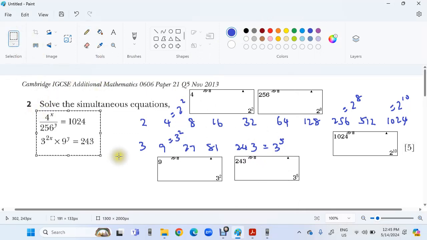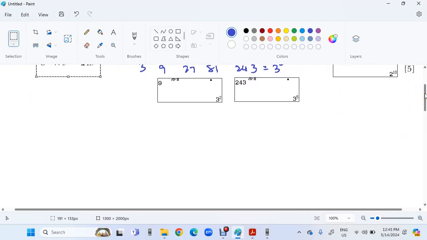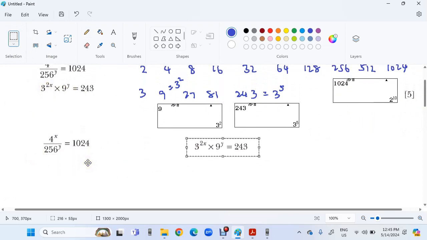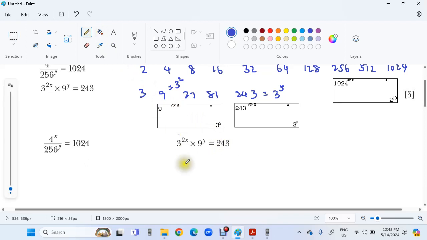So for this question, what we can do is form two equations from these. For this one, we have 2 to the power 2 to the power x equal to 2 to the power 10 times 2 to the power 8y. If we can use multiplication, then we don't use division.